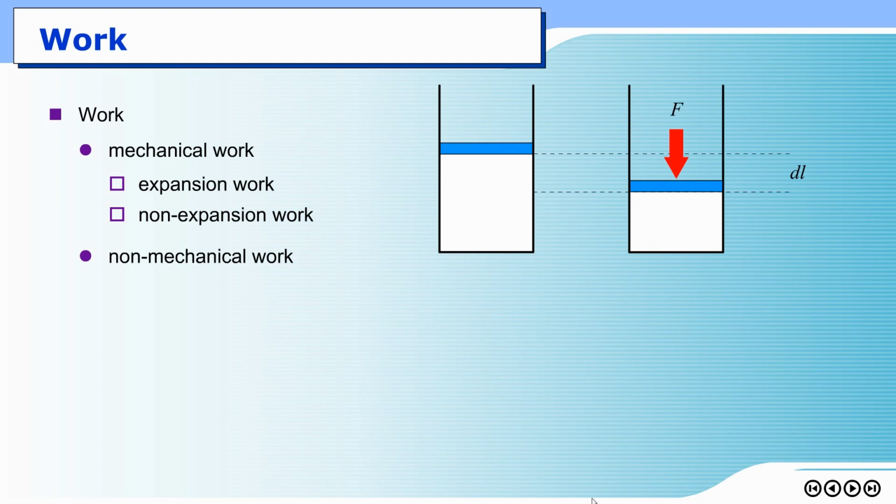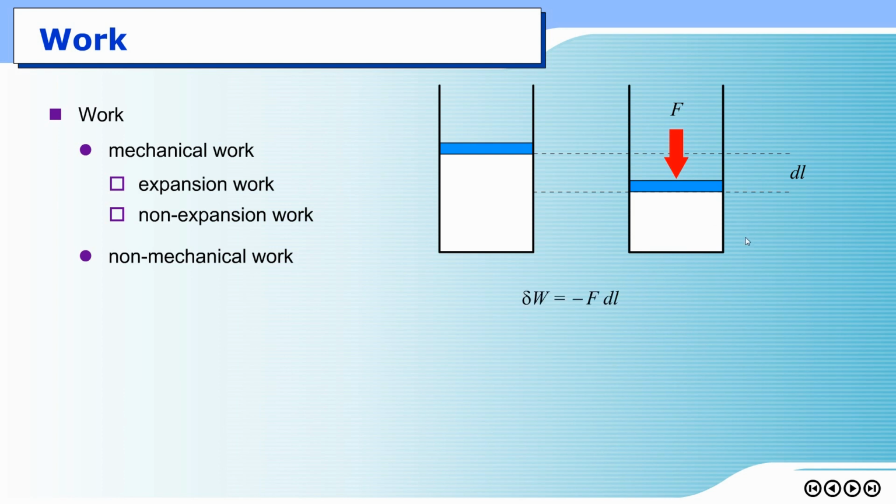The force causes the compression of the system, and the distance of the piston traveling in the direction of the force in this picture is dl. Note that dl goes along the direction of the force. If you look from the perspective of the force, dl goes in the direction of the force. But if you look from the perspective of the system, dl is going into the system.